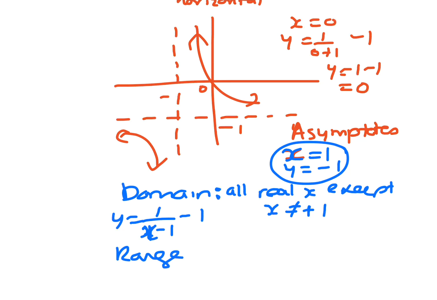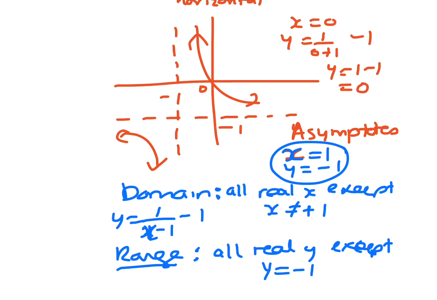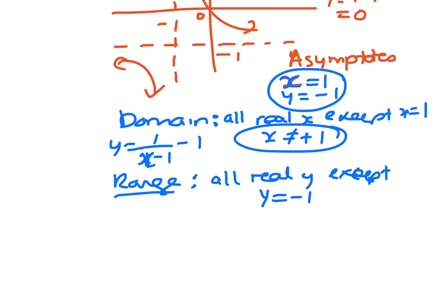And the range is all real y except the asymptote, so except y equals minus 1. Which really means x can't equal minus 1, and y can't equal minus 1 either.